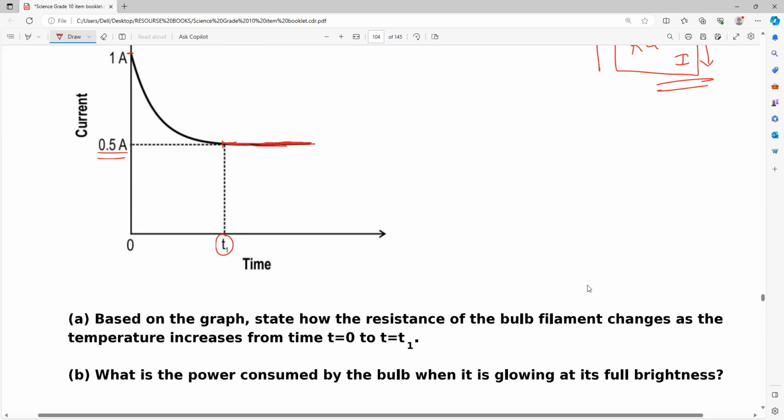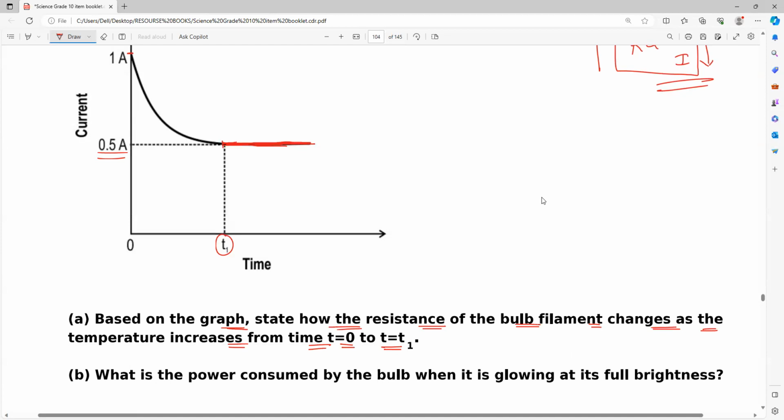That is because it has already attained the maximum heating, so further there is no change. Now, based upon the graph, state how the resistance of the bulb filament changes as the temperature increases from t = 0 to t = t1.